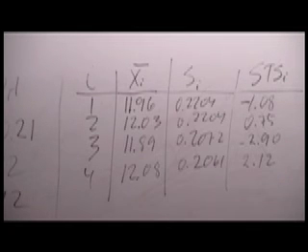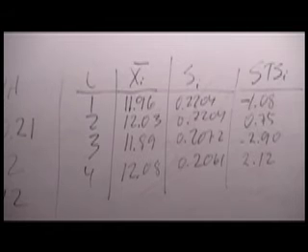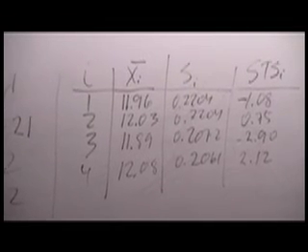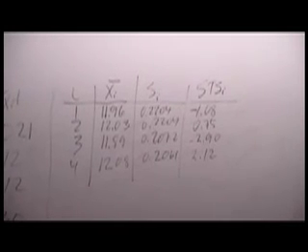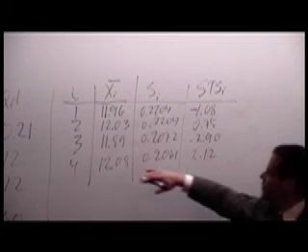Now, just based on what you know so far, including hinted empirical rules, which one of these might seem suspicious? The fourth one? This one? Okay.